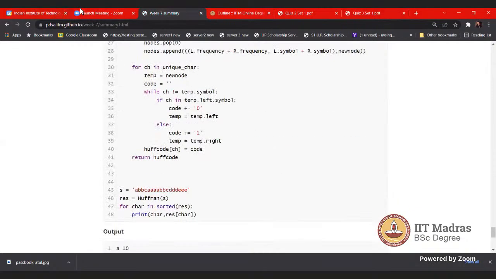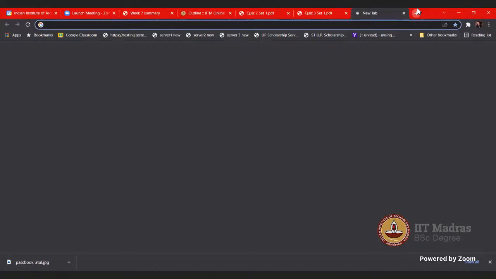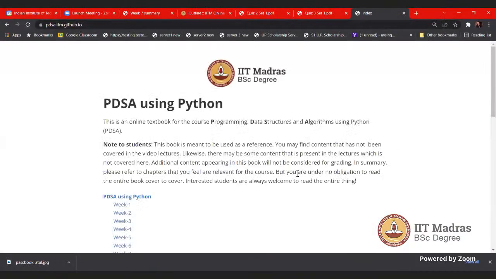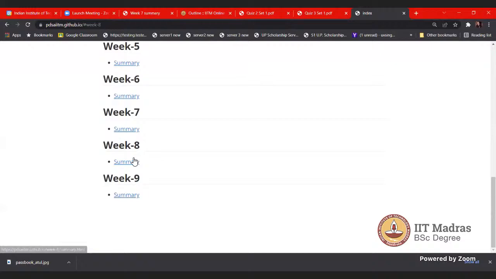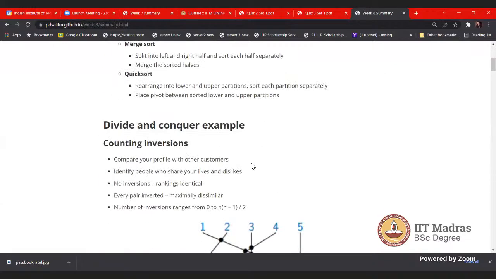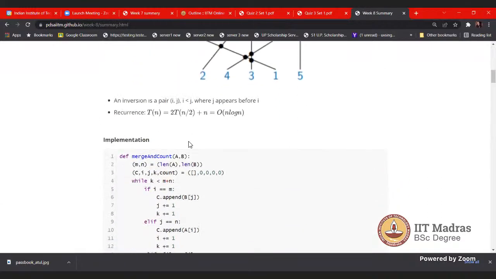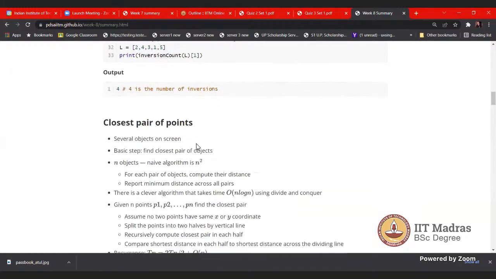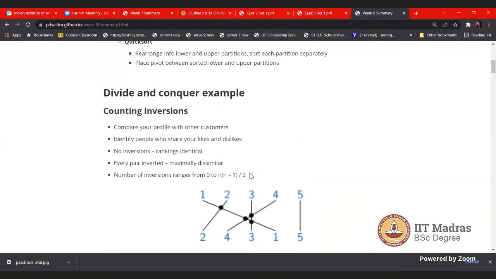If you see this, it is week 8, and in week 8, on the topic of counting inversions, there is one formula given for that. This is the formula where you can count the maximum number of inversions. You apply this formula and get the answer.